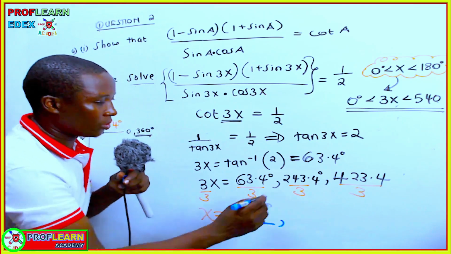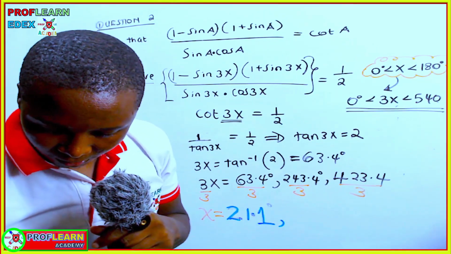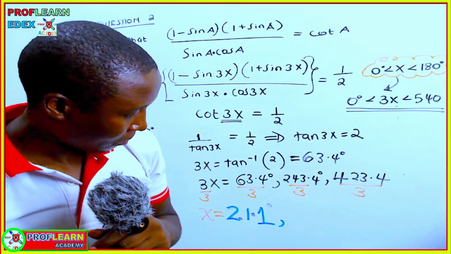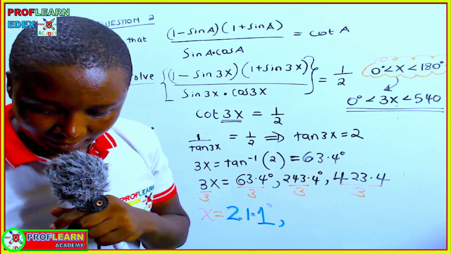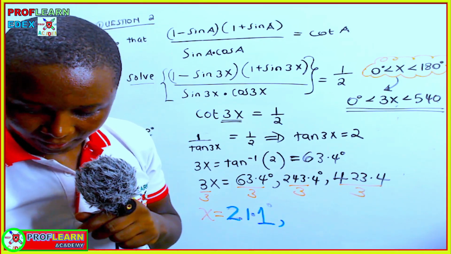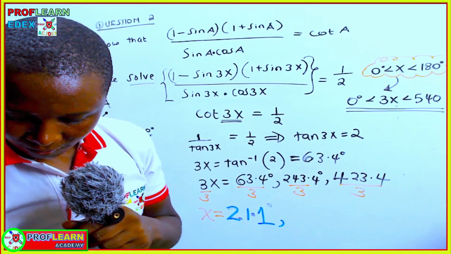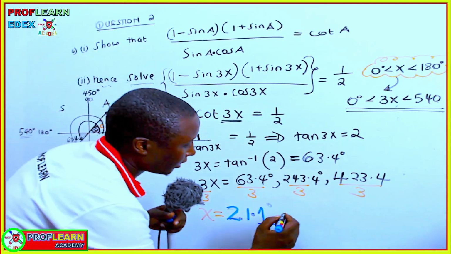The next angle is 243.4 divided by 3. That translates to 81.1 degrees.